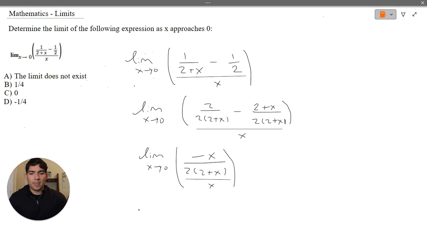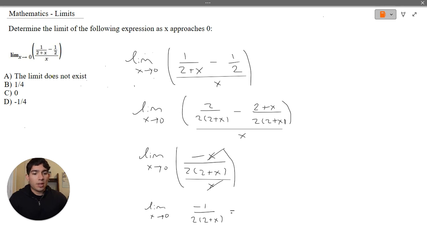Our next step is just going to be to cancel out the two x terms here, and that's going to simplify our fraction. So the limit as x approaches 0 is going to end up being simplified down to negative 1 over 2 times 2 plus x.